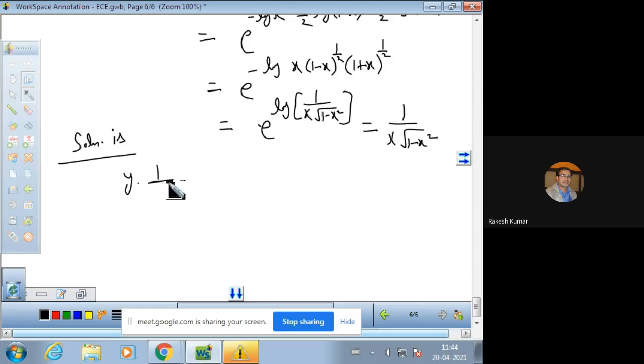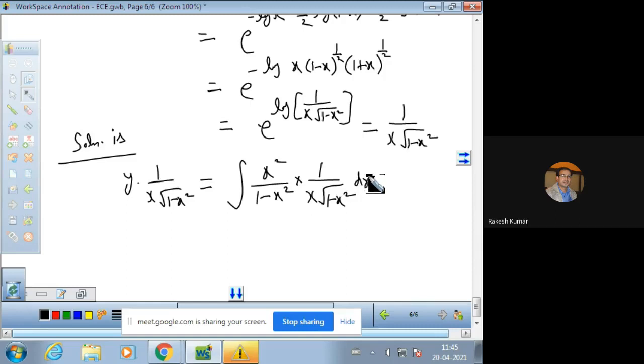For the solution we require y into integrating factor x over 1 minus x square is equal to integral q, which is x square over 1 minus x square, into integrating factor x into 1 minus x square dx plus constant of integration. So you will have x over (1 minus x square) raised to power 3 by 2 dx plus c, and the left hand side stays as it is.